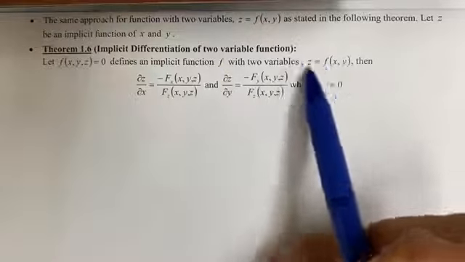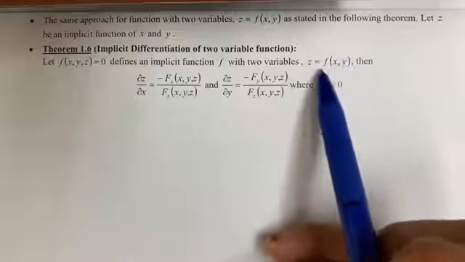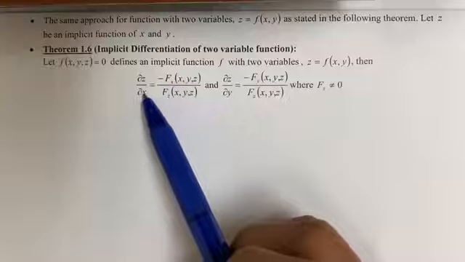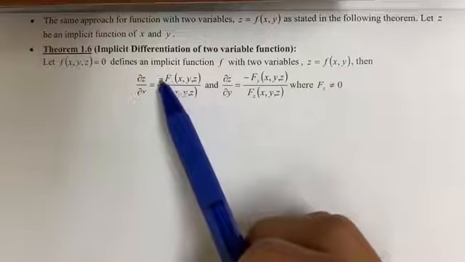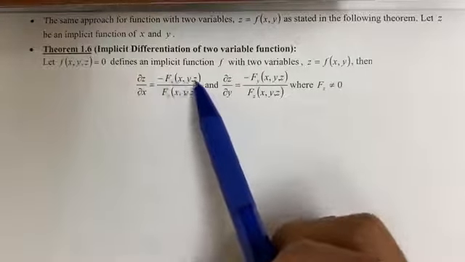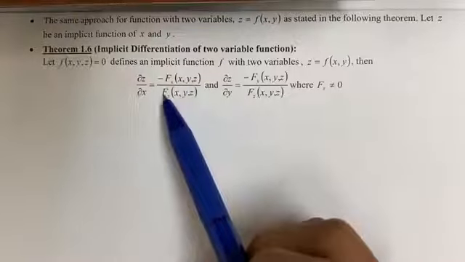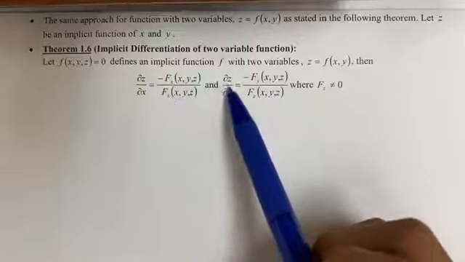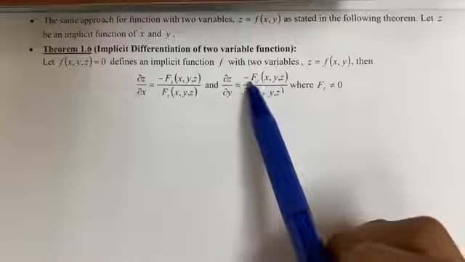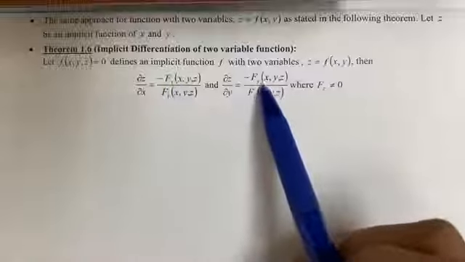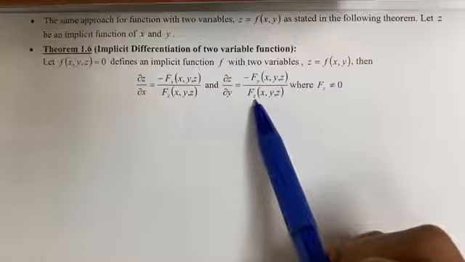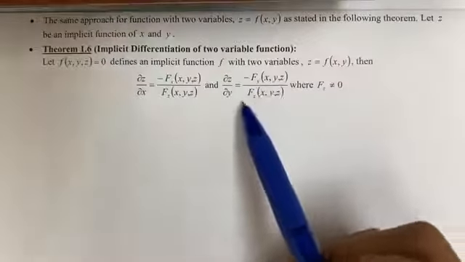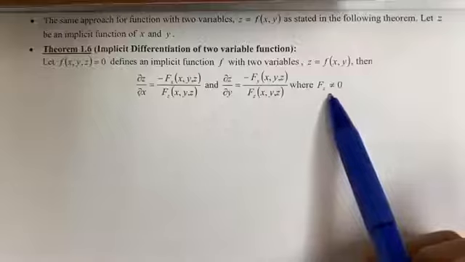Then del z over del x is minus, differentiate f(x,y,z) with respect to x, divided by differentiation of f(x,y,z) with respect to z. And for del z over del y, instead of fx you have fy, then you have fz for the denominator, with the minus sign here. Both must have fz not equal to 0.